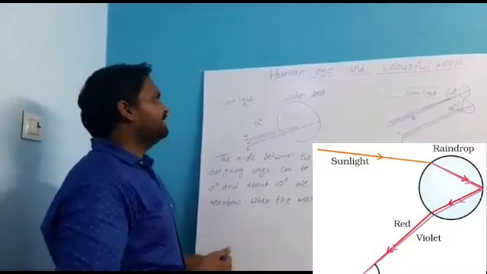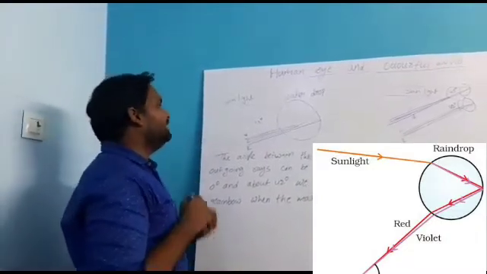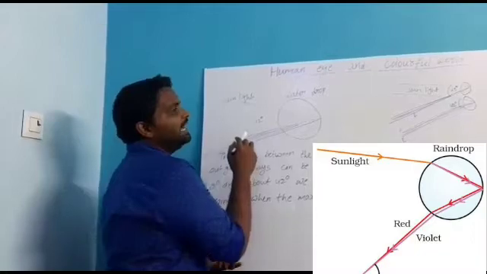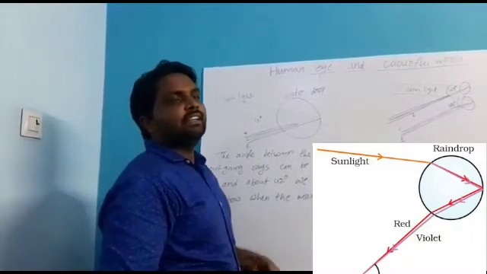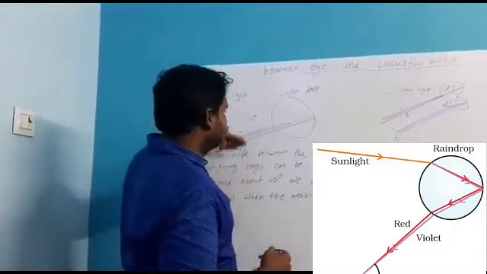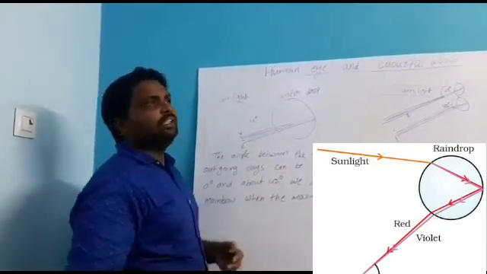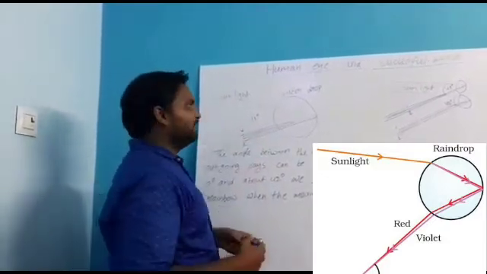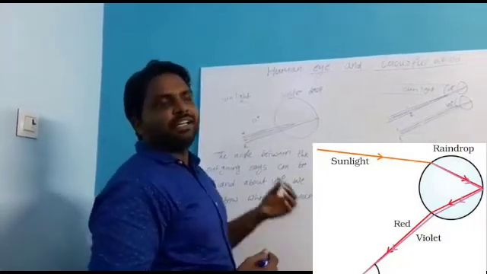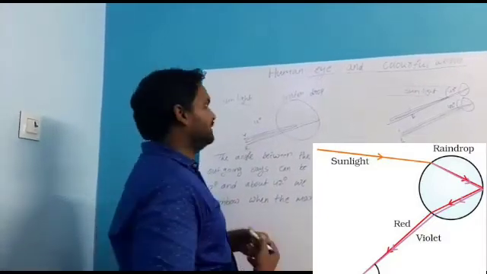That's why it is deviated very early, and red has the largest wavelength. That's why it is deviated very less, and it will reach your eye slowly compared with violet. Violet will move very fast because it has the least wavelength.